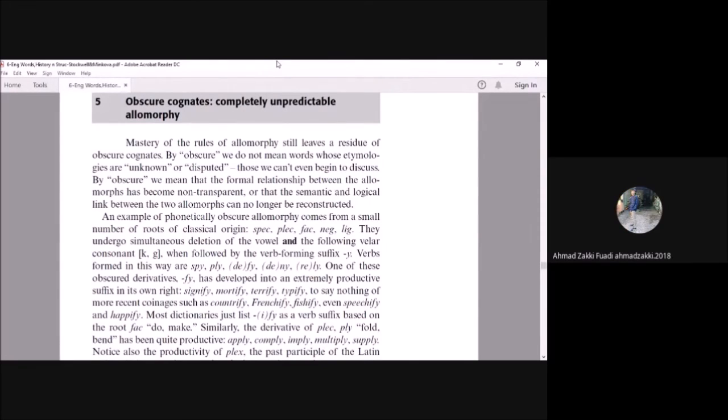Actually, I'm still confused about this topic, and as my understanding, this topic is about how there still lives a residue of obscure cognates in mastery of the rules of allomorphy.